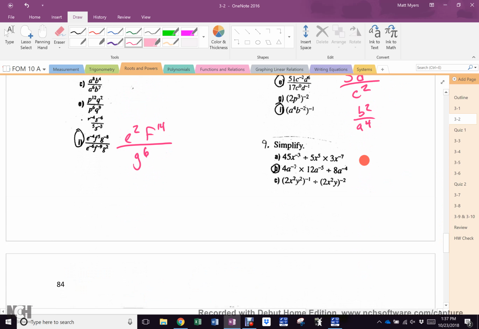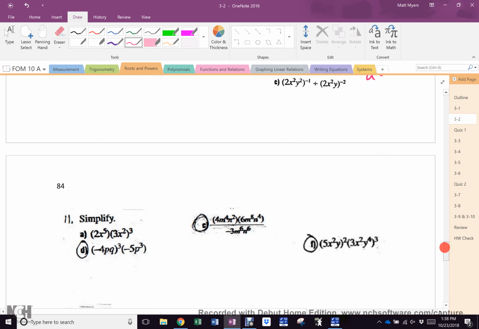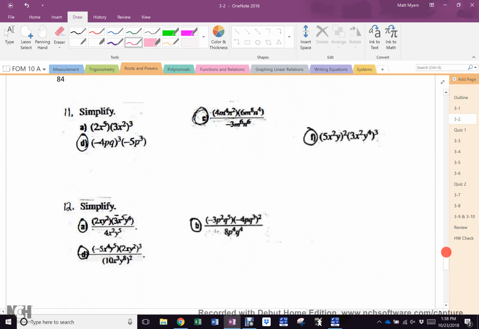9 is 6 over A to the 8th. And on this page, D is 320 P to the 6th, Q cubed.